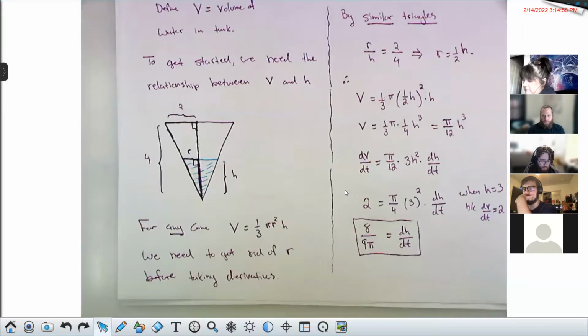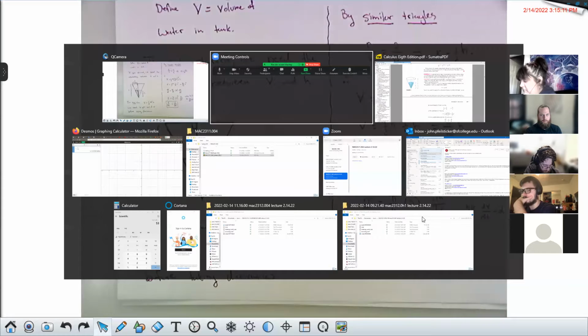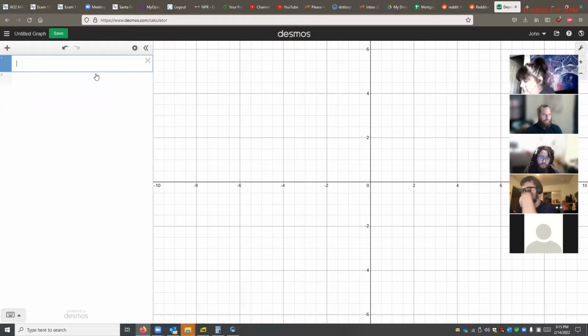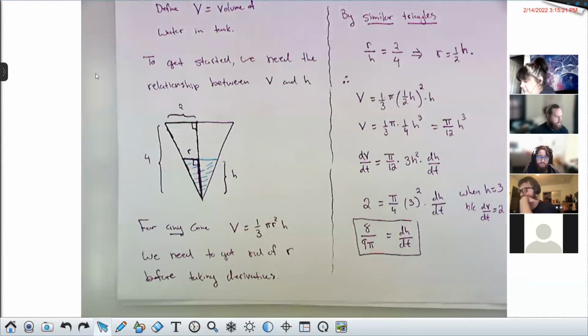You know, pi is in the neighborhood of 3, so this is like 8/27ths. But again, to get a meaningful taste for how fast this is increasing, might not be a bad idea to whip out your calculator. So 8 divided by 9 pi is about 0.283.